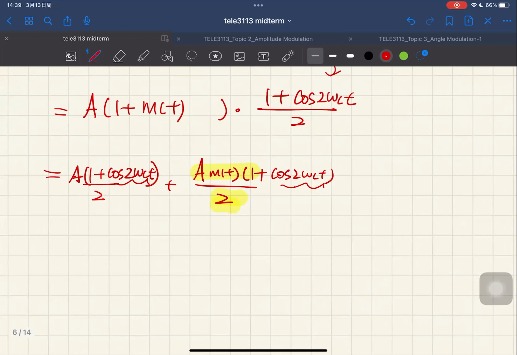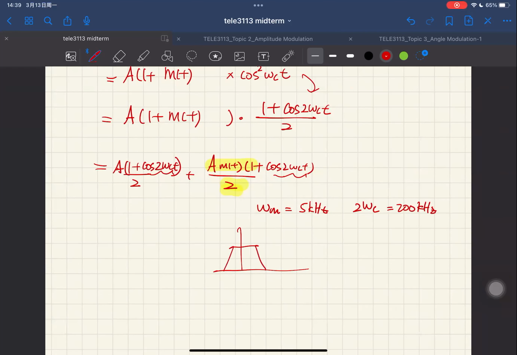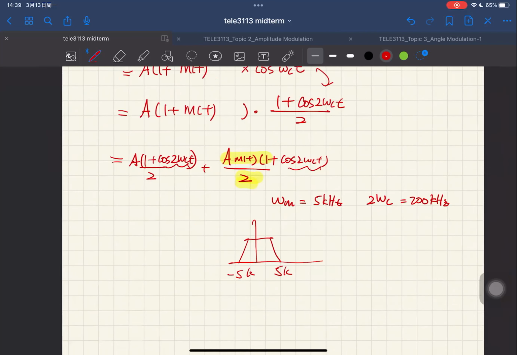So let's say your message frequency is 5 kHz, and your 2 omega_c is very big, probably like 200 kHz. Your low pass filter is going to look like this, 5 kHz and negative 5 kHz, and your 200 kHz is definitely outside the range. It will be cut off.